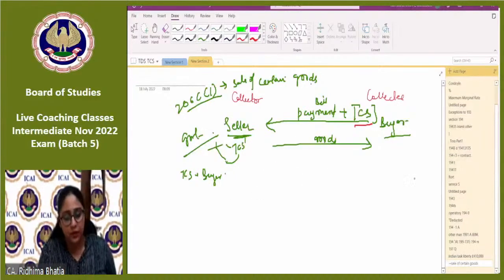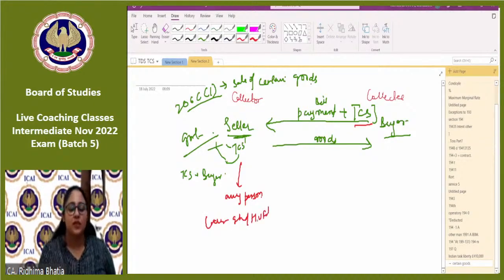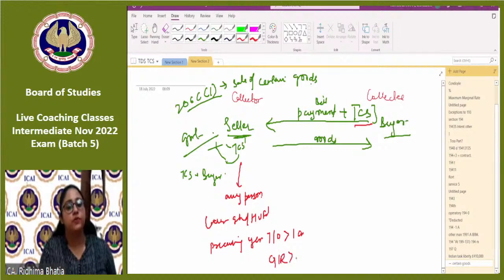Okay, clear. Now, who can be the seller? Again, any person other than individual and HUF, and individual and HUF only when in the preceding year the turnover is more than 1 crore in case of business, or gross receipt is more than 50 lakhs in case of profession. ठीक है, because compliances किस पे है?